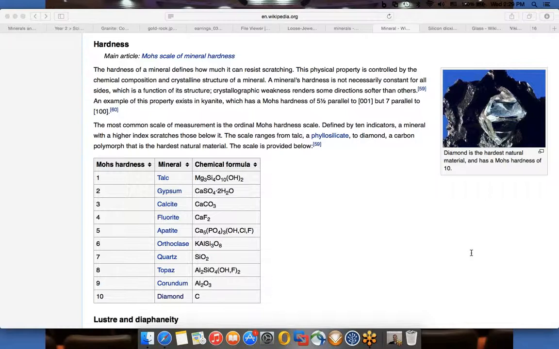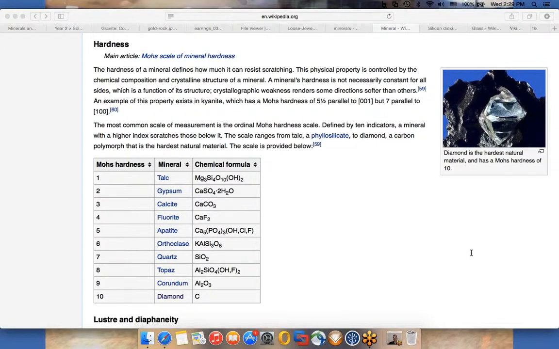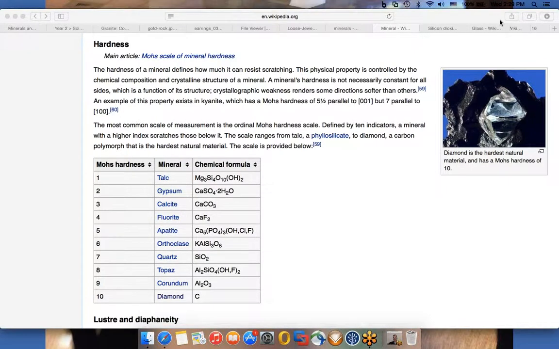So Sabrina says coal is carbon. Yes, coal is also carbon. Sometimes coal has more impurities, so it's not just carbon. When you have large carbon deposits, if they are buried under pressure, they form a carbon mineral called anthracite.